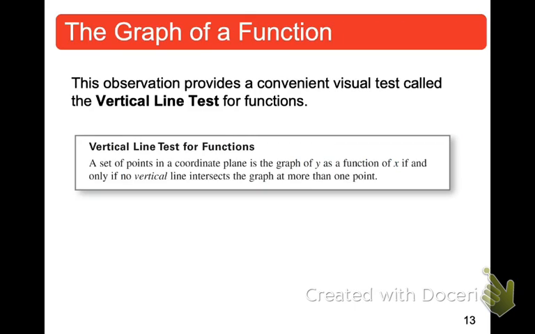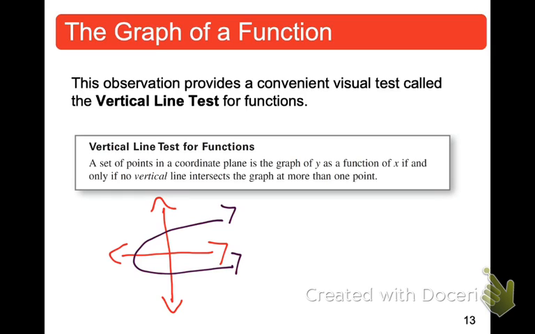Okay, something that's not a function. Okay, so if I had this right here, it is not a function. And the reason it's not a function is because I could not drag my vertical line across it. So it would not be a function.